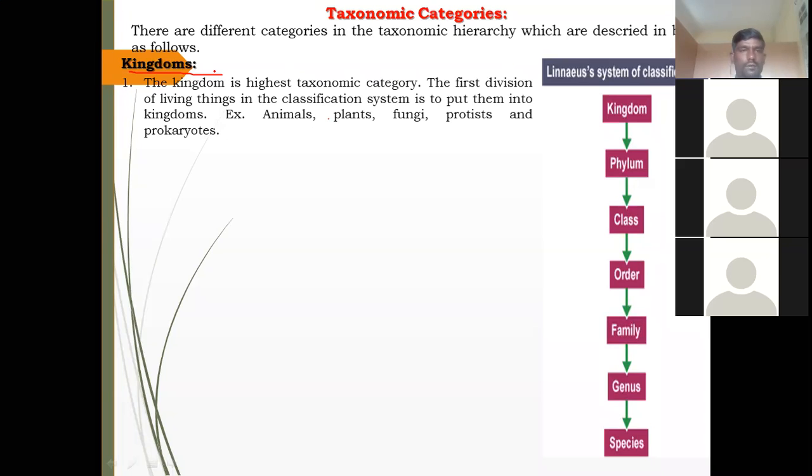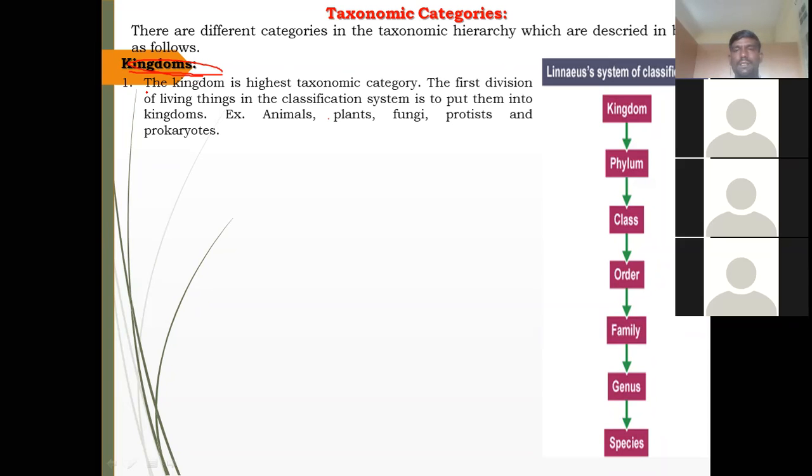Look at this, these are the kingdom. So what is the kingdom? The kingdom is the highest taxonomic category. It is the highest group of the animals. For example, in front of you, you are observing n number of animals or living organisms. At that time you can choose one particular group of animals.